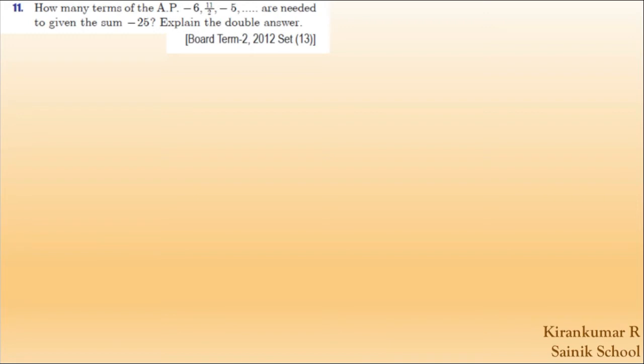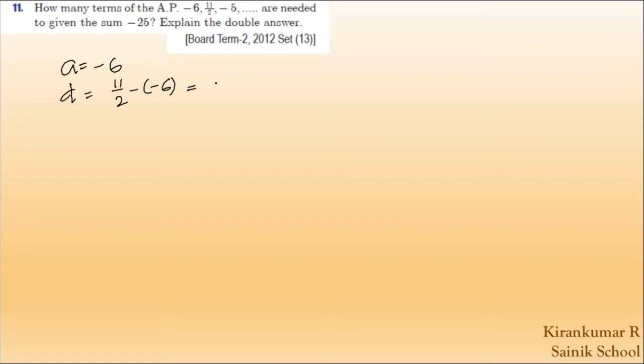Question number 11. How many terms of AP minus 6, minus 11 by 2, minus 5, so on, are needed to give the sum minus 25? Here, the first term is negative 6 and the common difference is the second term minus the first term.